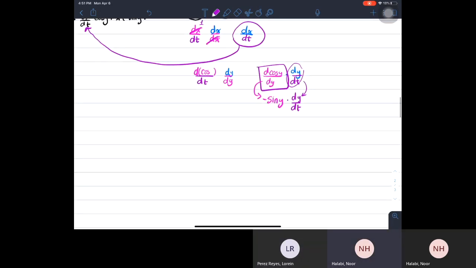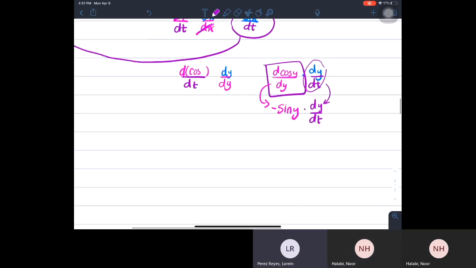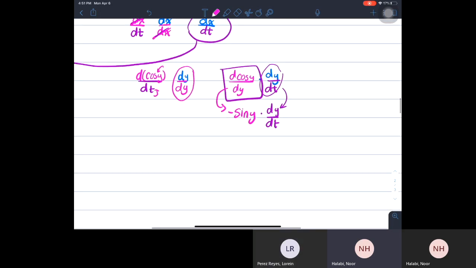It was d cosine y over dt in the beginning, but then I multiplied by dy over dy, and put the pink d cosine y over the pink dy, because that gives me negative sine y, but I end up with this extra dy and dt. I need to leave it there. I can't just get rid of it.